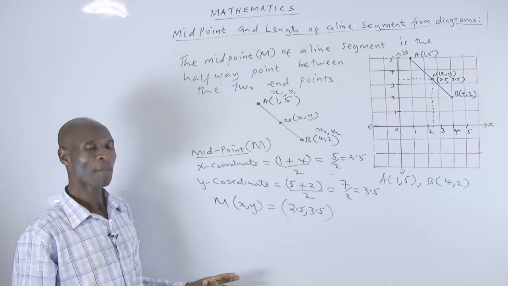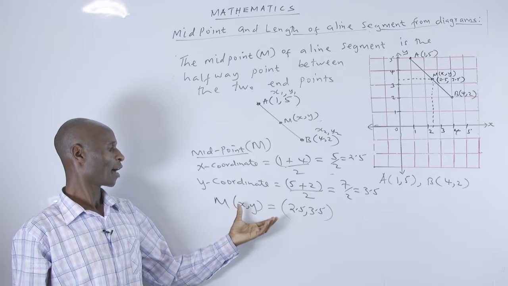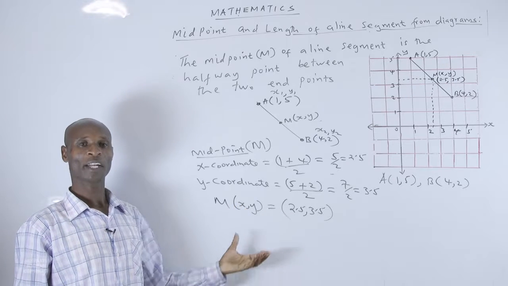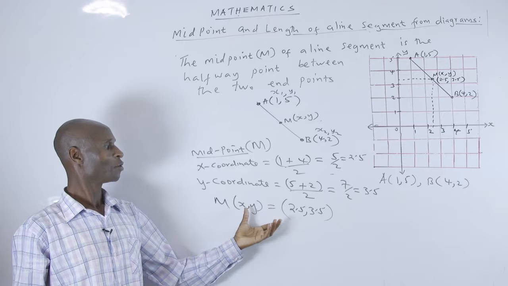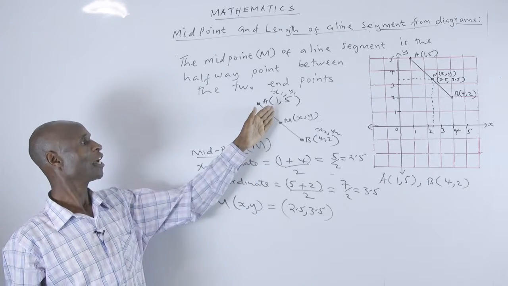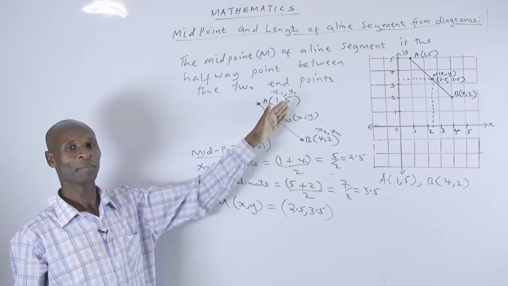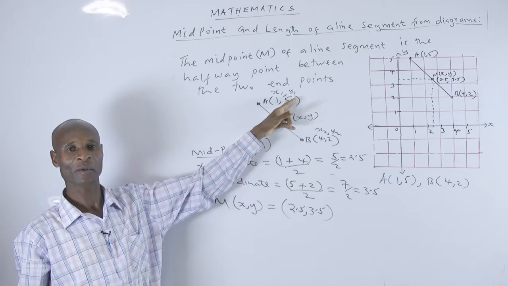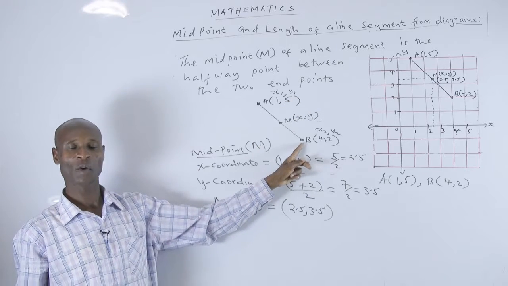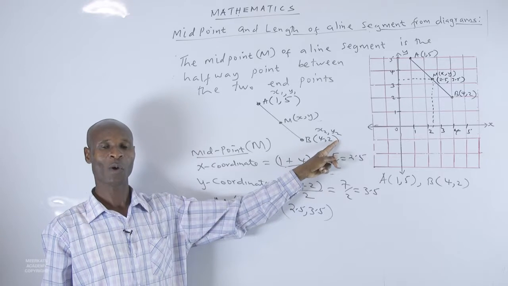Let us now come up with a method which we can apply to calculate the midpoint in a general way. For example, for point A, we let the x-coordinate be x1, while the y-coordinate is y1. For point B, we let the x-coordinate be x2 and the y-coordinate be y2.